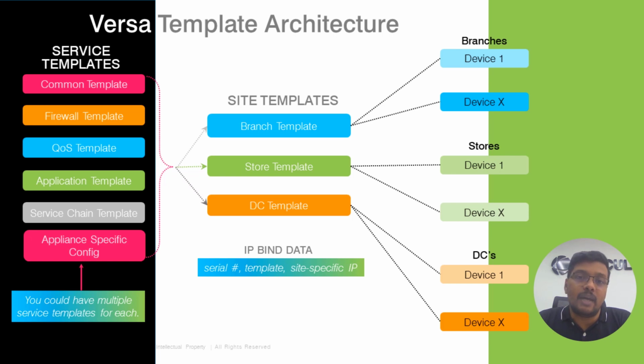Also, say an organization has common settings which are similar throughout the organization irrespective of the design, for example, TACACS, NTP server configurations. In those cases, we can create a new type of template called a service template for the QoS, TACACS or NTP, whatever.